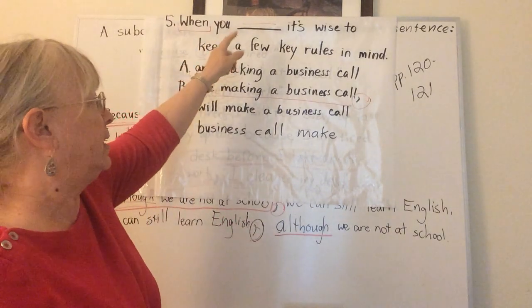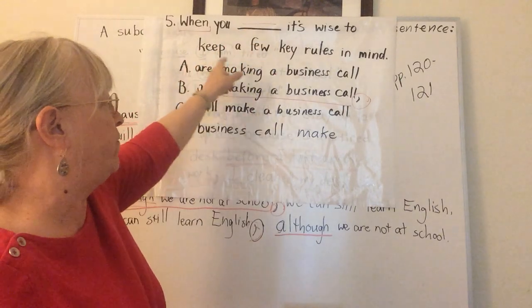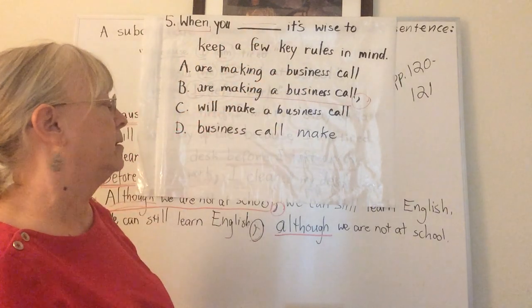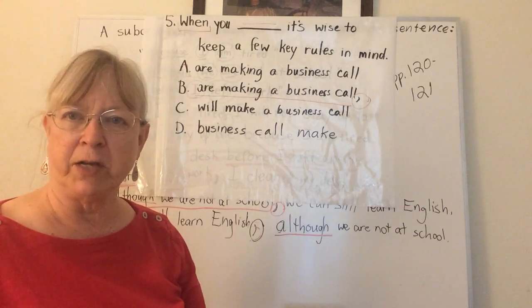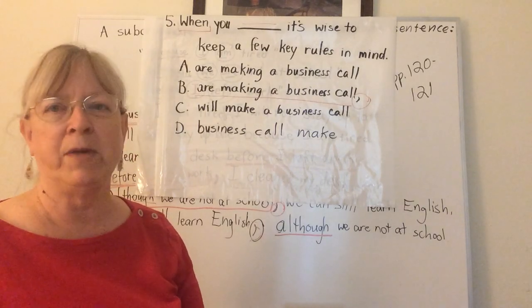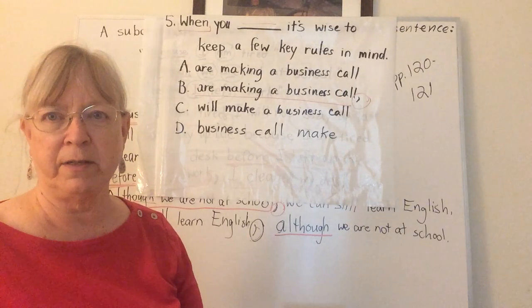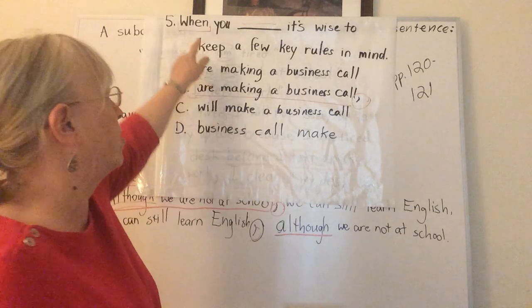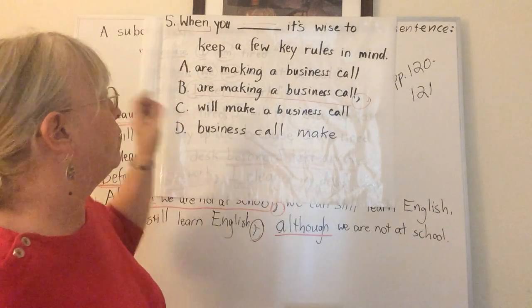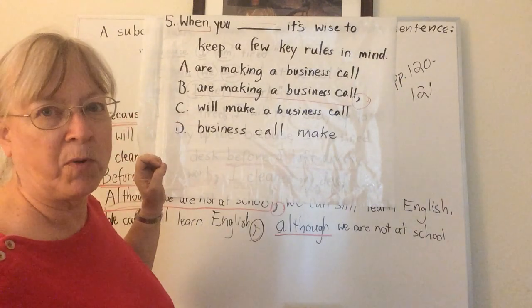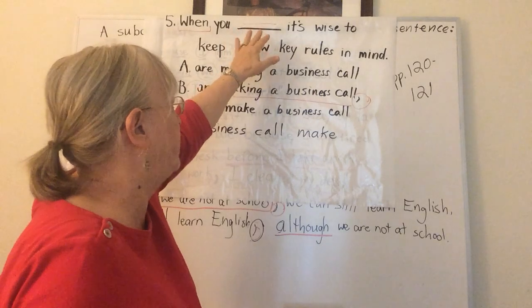When you blank, it's wise to keep a few key rules in mind. Does this sentence start with a coordinating conjunction? With a subordinating conjunction? Yes, it does. It starts with "when." So that means that we need a comma at the end of the subordinating clause. There's no comma up here.